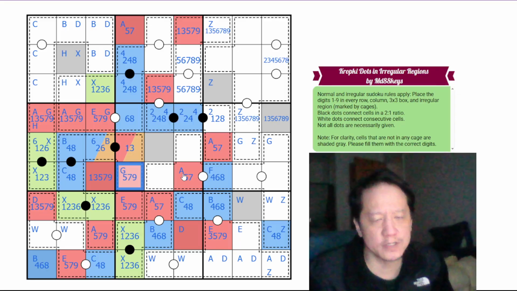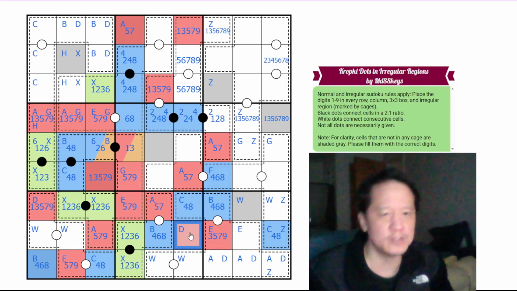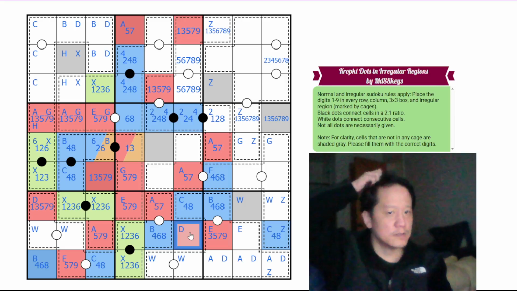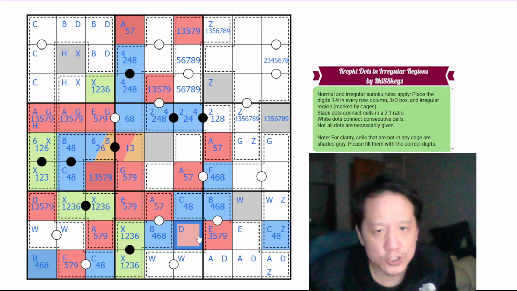G is not the same as A. It could be with W, it could be with D. We don't know which.